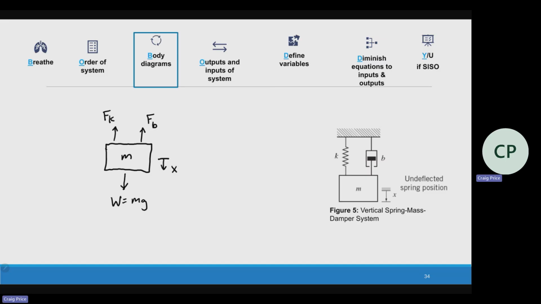We've got stiffness in the spring. So why are these arrows pointing up? Technically, here's what I want you to do: let's not look at other forces.